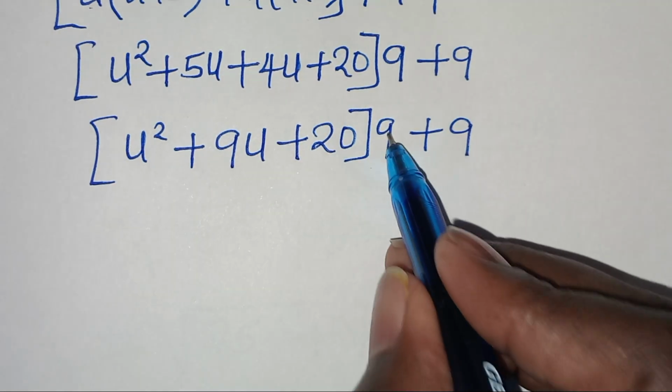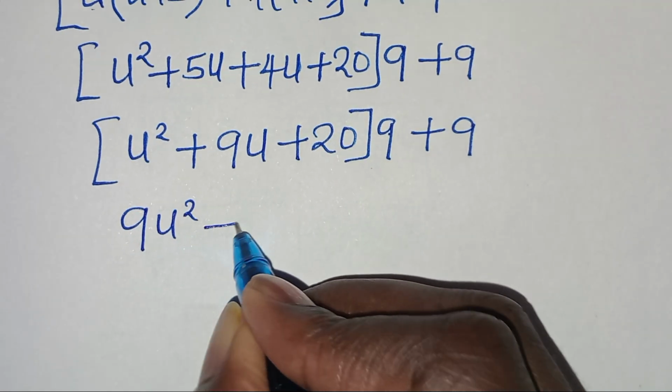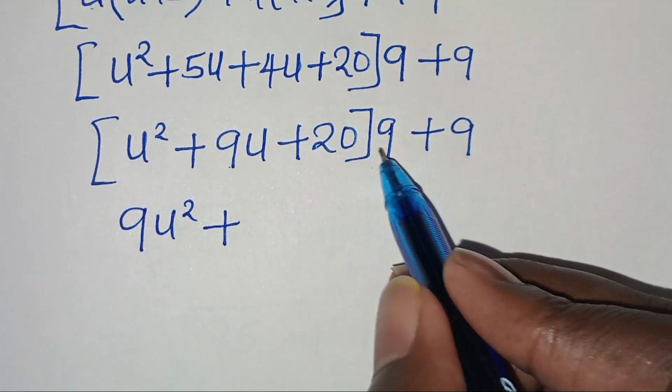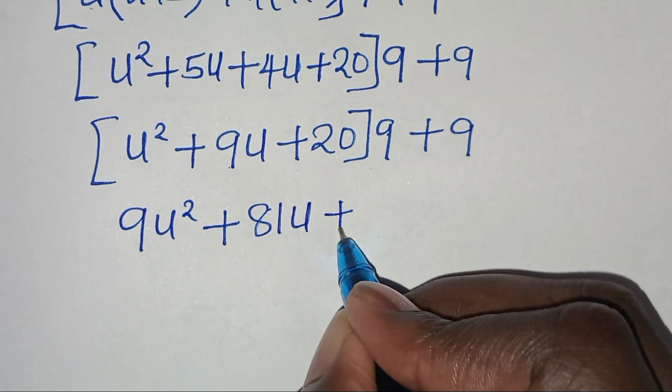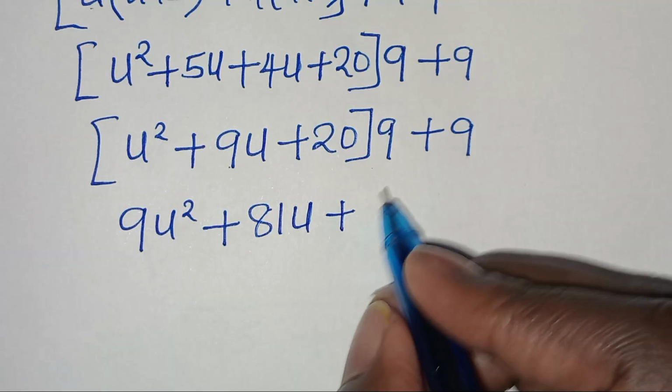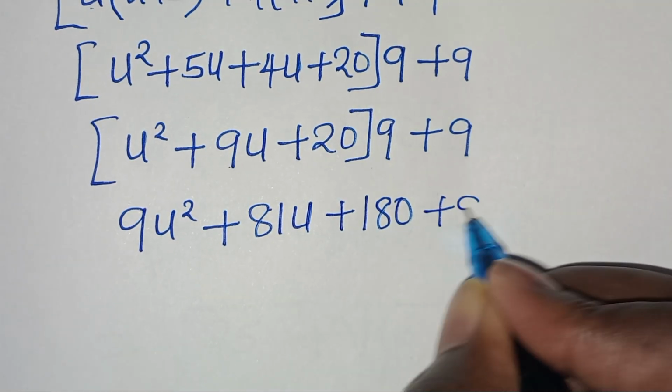So we have 9 times u squared, this is 9u squared, then plus 9u times 9, this is 81u, then plus 20 times 9, this is 180, then plus 9.